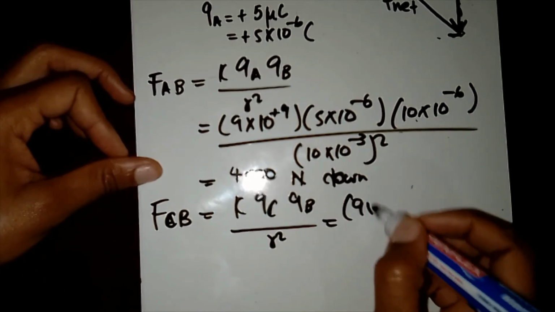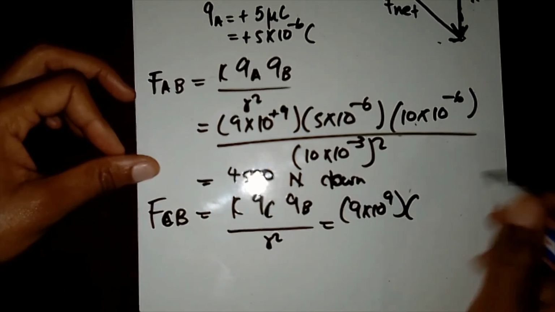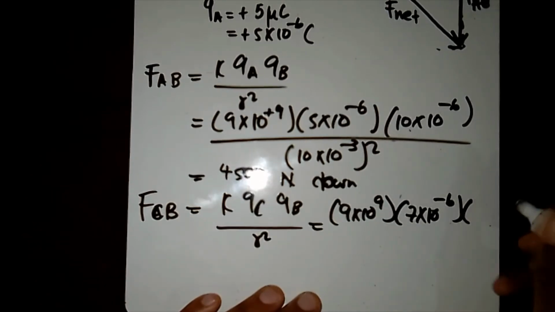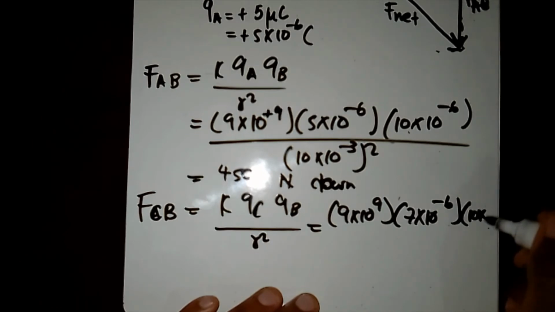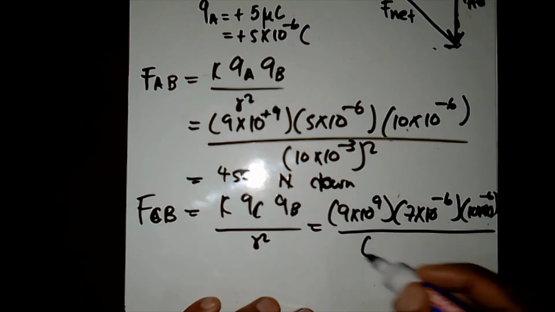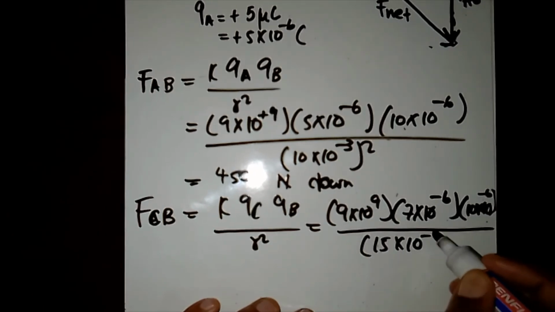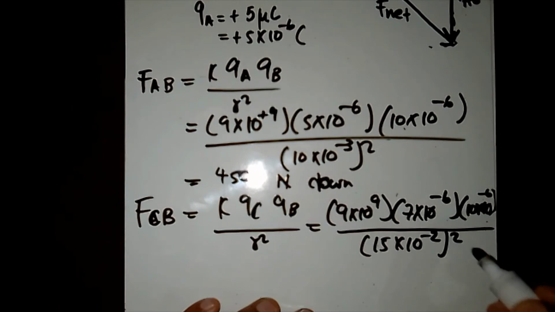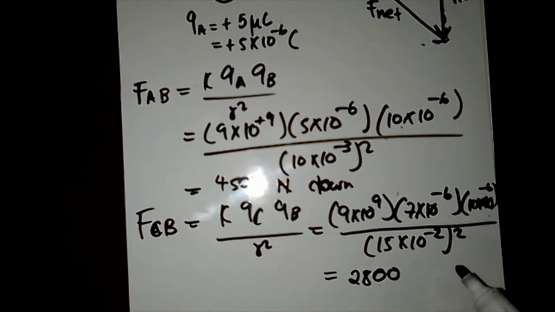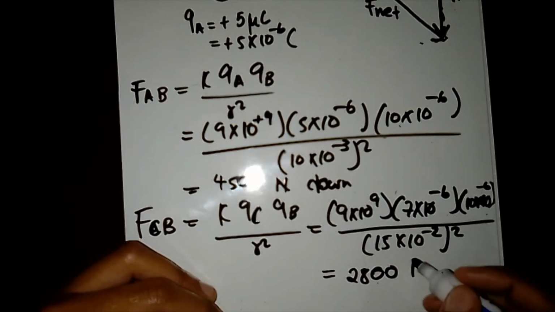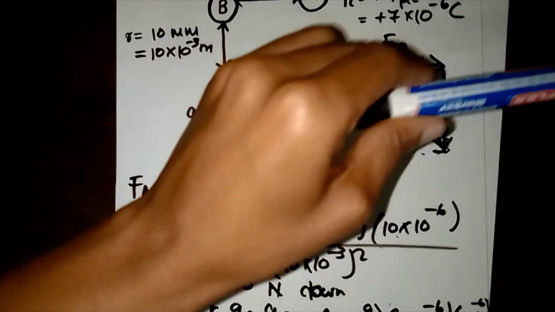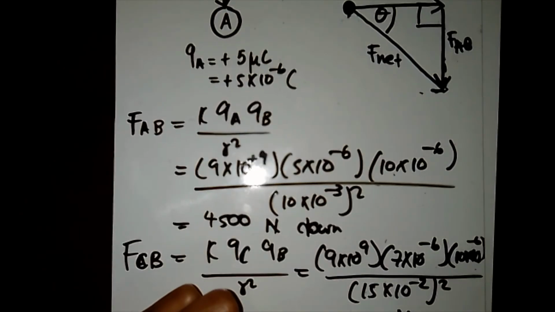So we have 9 multiplied by 10 to the power of 9, and then 7 multiplied by 10 to the power of minus 6, all of it multiplied by 10 multiplied by 10 to the power of minus 6, all of it divided by 15 multiplied by 10 to the power of minus 2, all squared. So you're going to come to a value; just check those values with me if they are correct or not. And when you drew our force diagram, this force was acting in this direction, so it was acting to the right.